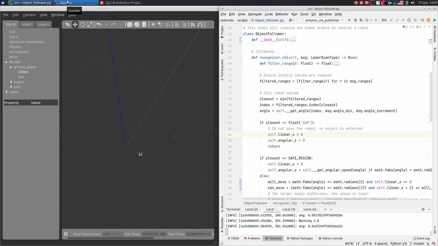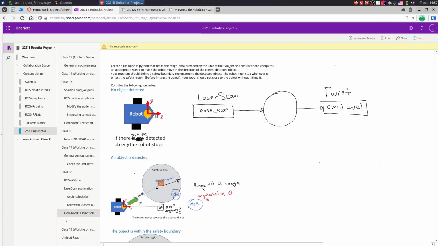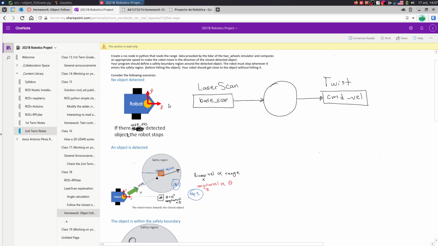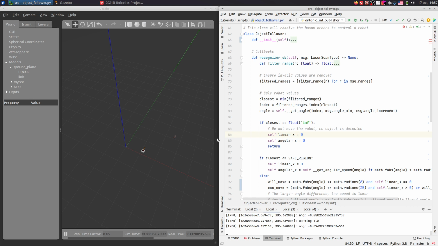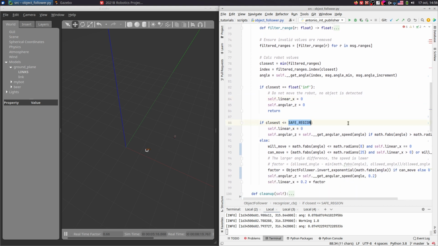That is the first scenario that is requested. When an object is detected, the robot needs to approach the object until we reach our safety area. When we reach the safety area, we need to stop, and that's all. In the safe region, we are not going to move because we don't desire any movement.